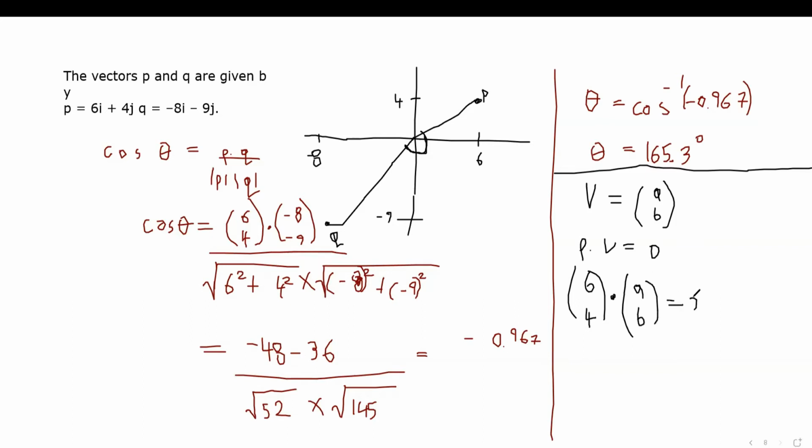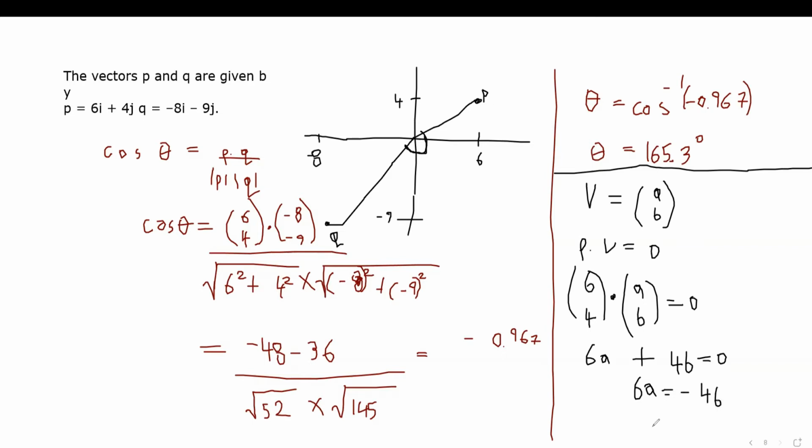What this works out to be is 6A plus 4B equals 0. If you bring this over, you get 6A equals negative 4B.